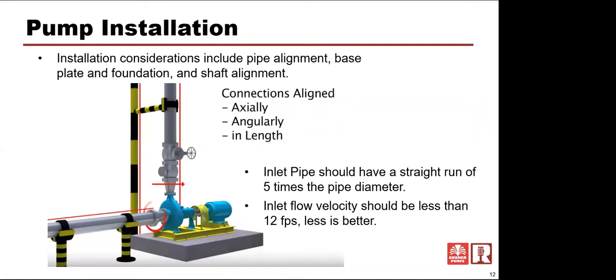You don't want to have that flow being turbulent prior to even getting into the pump, because you want to fill all of those pump vanes evenly as this thing is running. If you have an elbow very close to the suction side of this pump, for instance, the weight of that water will, by centrifugal force, be forced largely along the outside of that elbow as it makes that bend, which means this side of the pump is going to get more flow, higher velocity flow of water coming into it than what would be here.